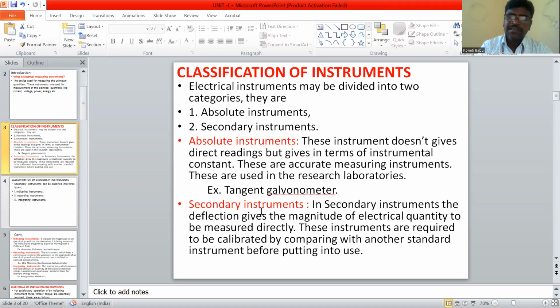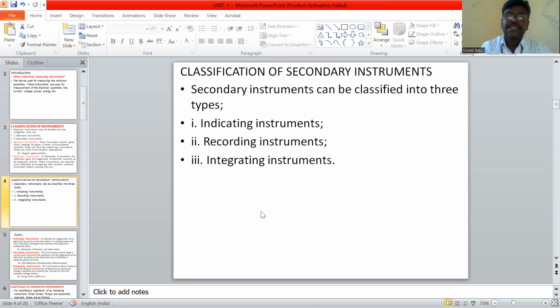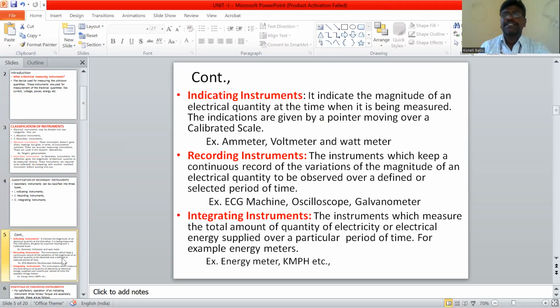The secondary instruments are further classified as indicating instruments, recording instruments, and integrating instruments. These are the three types. The first one is the indicating instrument. As its name indicates, it shows a direct indication of the value.